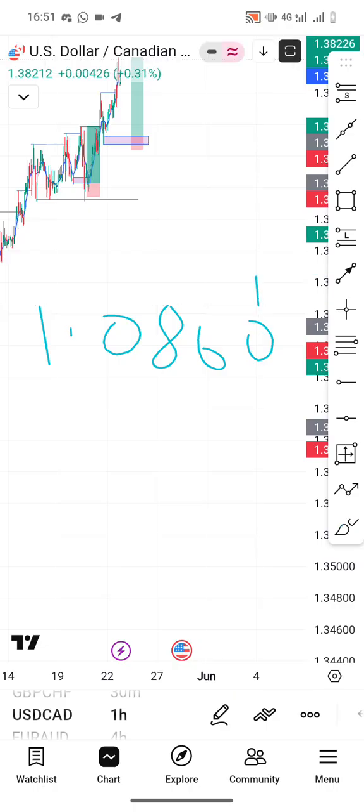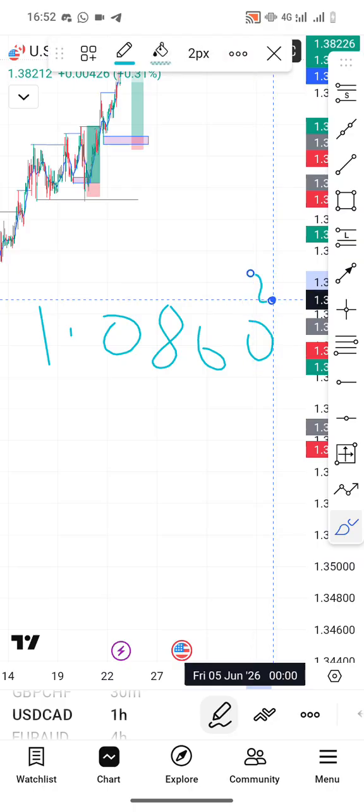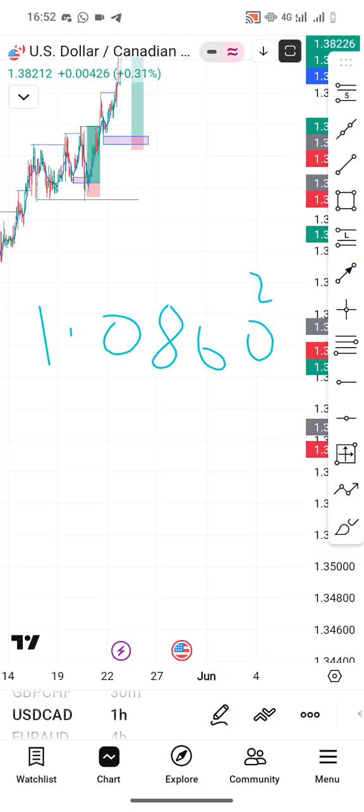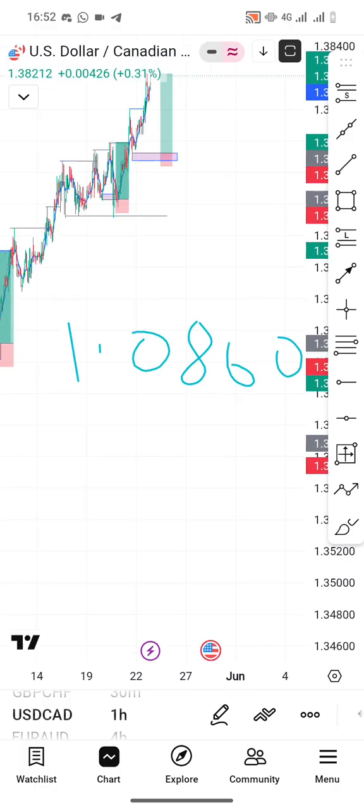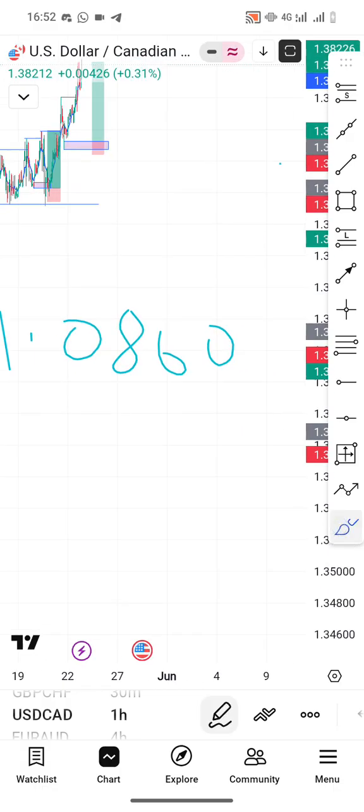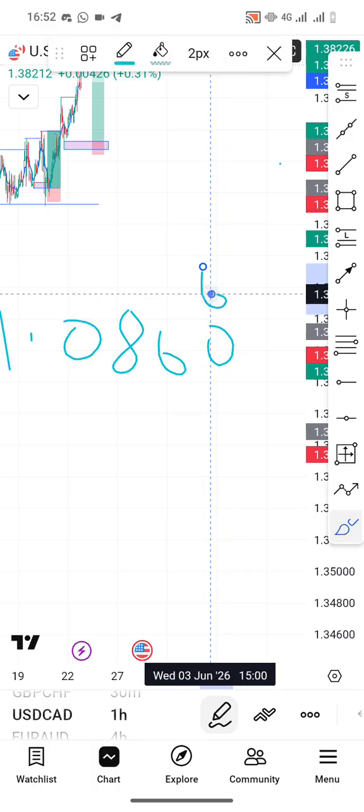If this market moves from 0 to 1, that's a 1 pip move. If we move from 0 to 2, that's a 2 pip move. Are you getting it? If we move from 0 to 6, that's a 6 pip move.